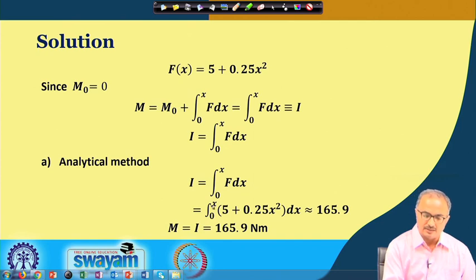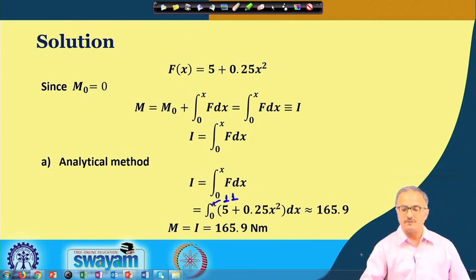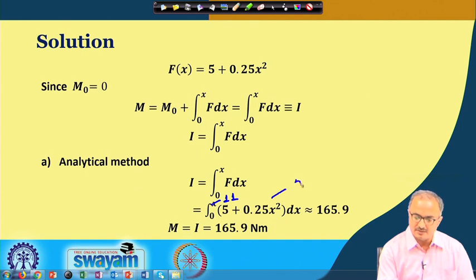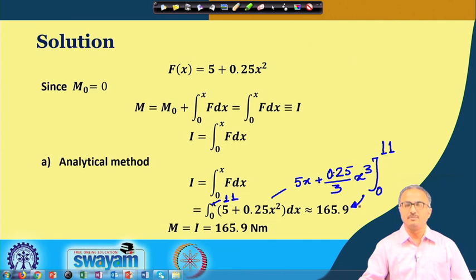For your convenience, I am writing this: 5x plus 0.25 by 3 x cube, integrated between 0 and 11. If you do this, you will get this particular result. This is the very simple way.